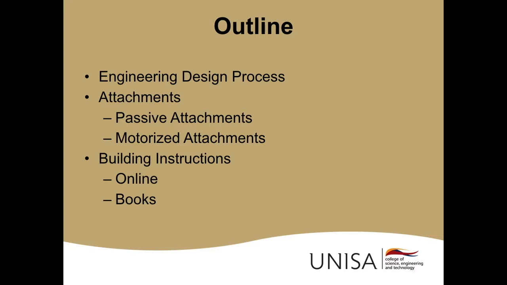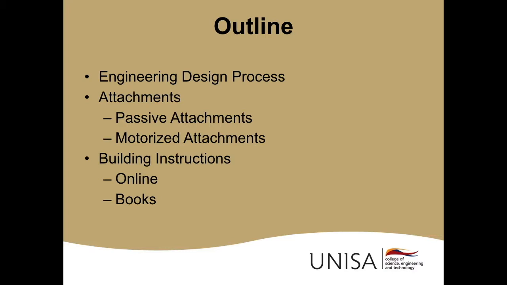With the help of an attachment, the robot can basically push, pull, lift or drop items. And we'll look at passive attachments and motorized attachments, where a passive attachment is constructed from the robotics kit without a motor, and the motorized attachment has an additional motor that is used to move the attachment.